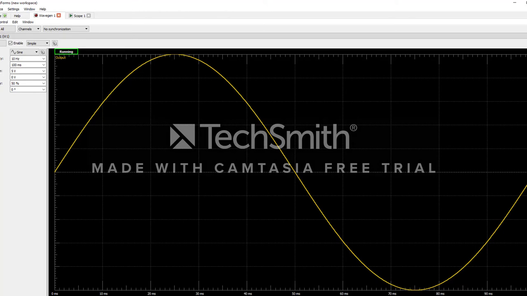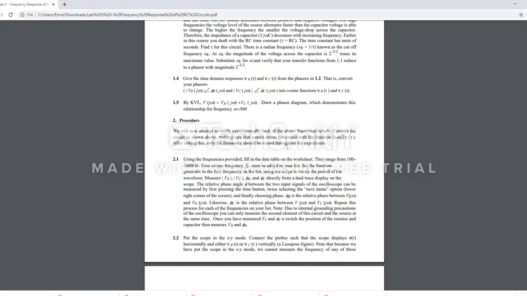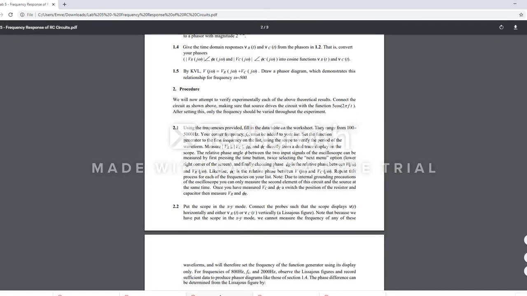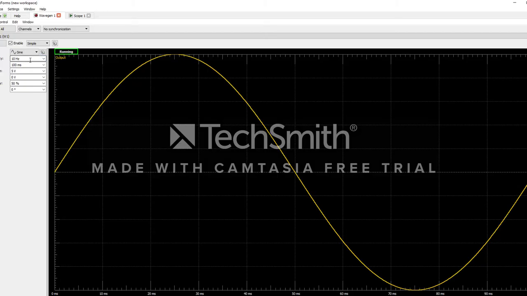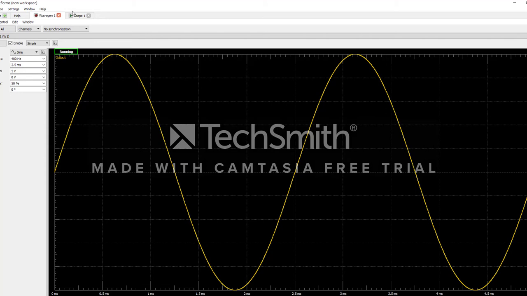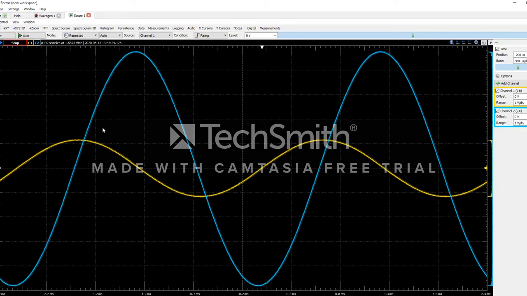Okay. Now, using the frequencies provided, let's go to the word. So we're going to start with 400 hertz. Let's do that. Okay. Now let's go to scope. And there we have it.